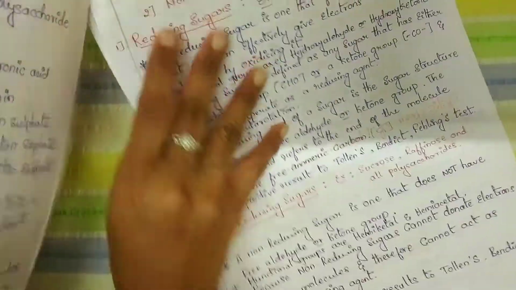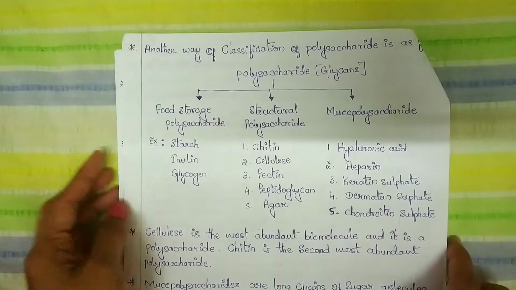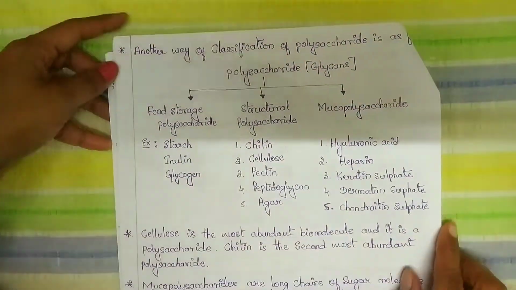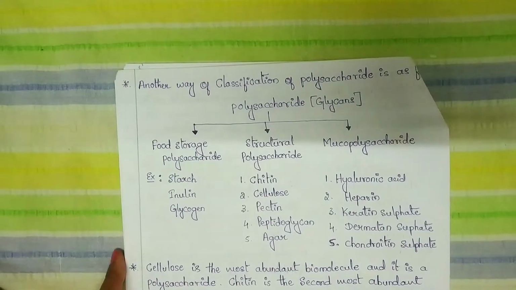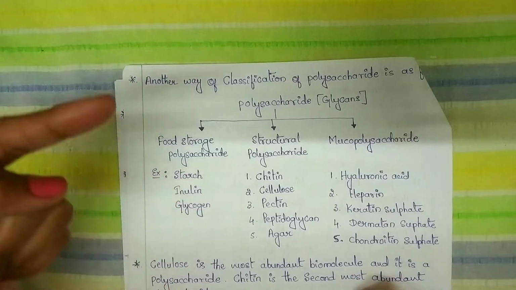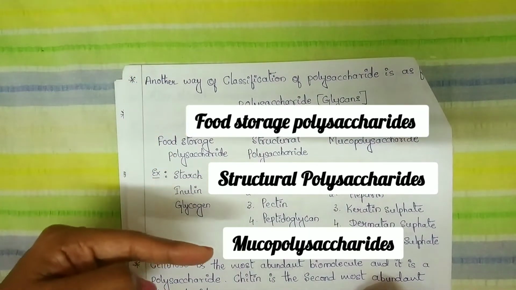Now we will learn a few more points on polysaccharides. We can classify the polysaccharides in another way also. These polysaccharides are again divided into three types: food storage polysaccharides, structural polysaccharides and mucopolysaccharides.